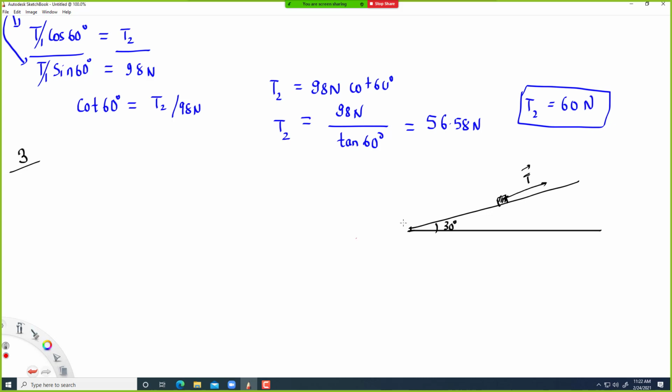Second force is gravity, vertical down. Gravity or weight. Weight is always vertically down. And it says there's no friction, so you don't need to worry about friction. And you can also neglect the drag force. Unless the question asks you about the drag force, you can just neglect it.